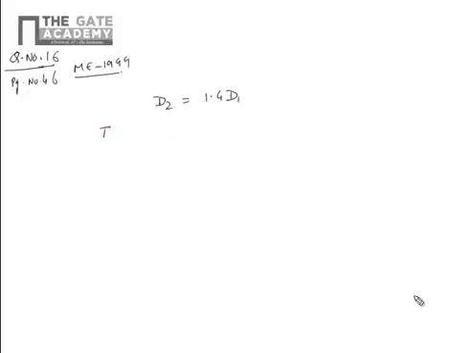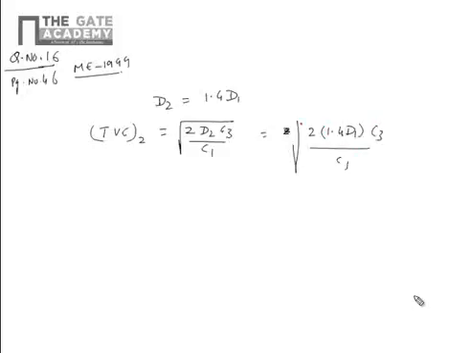So he is asking how much the total variable cost will change. It equals square root of 2 D2 C3 C1, which is square root of 2 into 1.4 D1 C3 by C1.